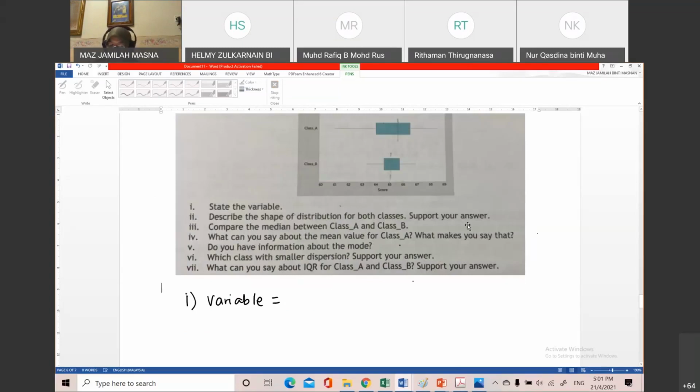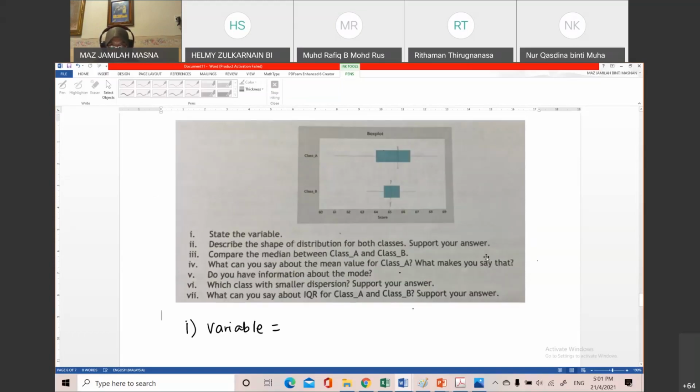Class is not your variable alone. Class is also a variable, reflecting your categorical variable.